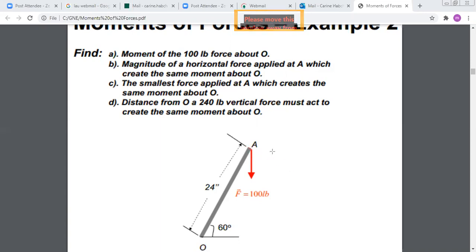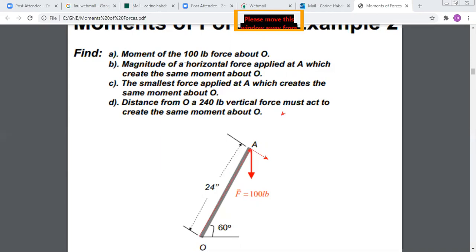Once the force is perpendicular, the projected distance will be equal to the maximum value, which is 24. So this is the minimum possible force I can have, because with this direction my projection distance will be maximized, equal to 24.